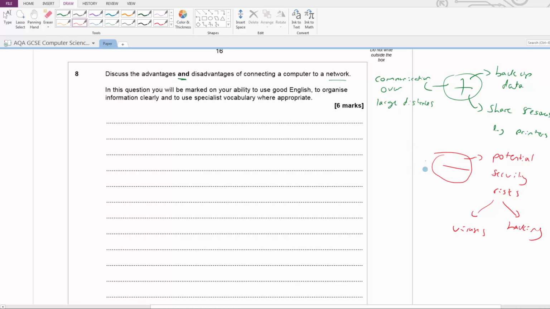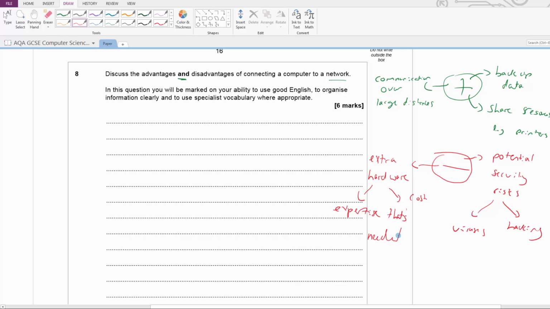Also the cost of connecting to a network. There's certain hardware you need, like a switch, like a router if you want to connect to the internet. So this is to do with cost and also any expertise.